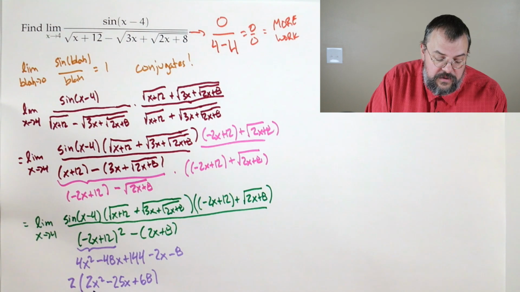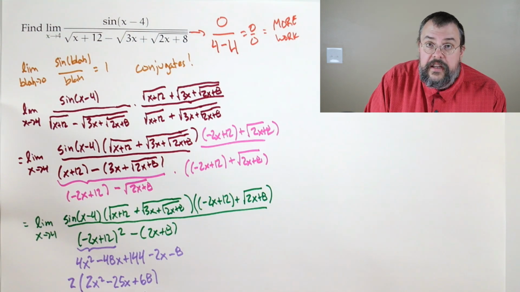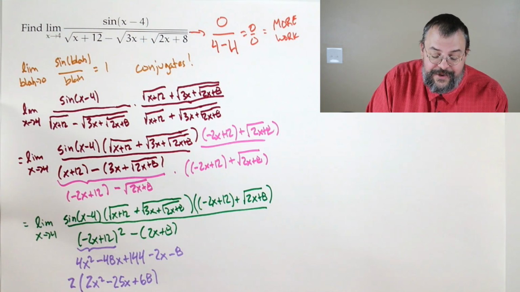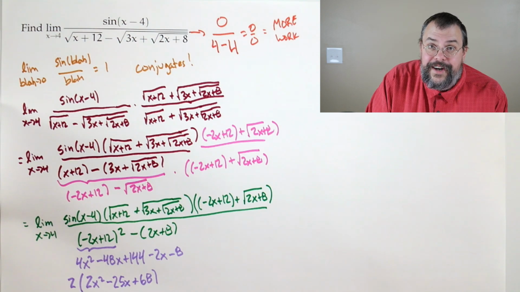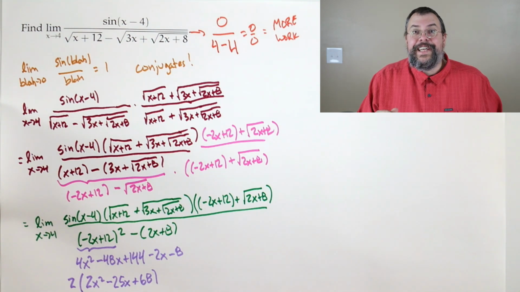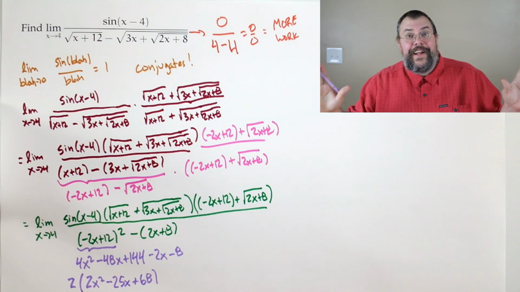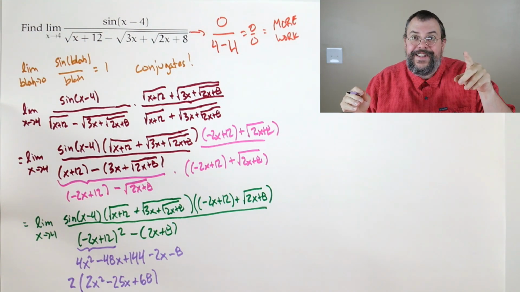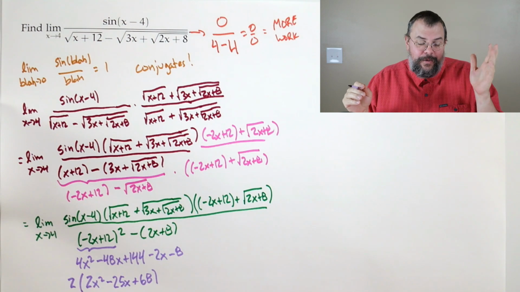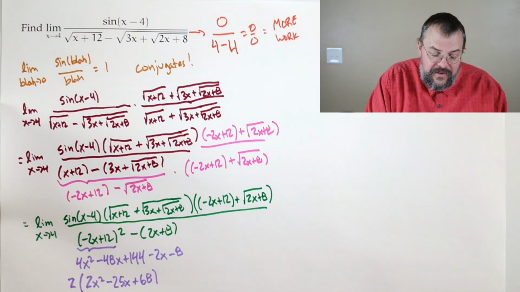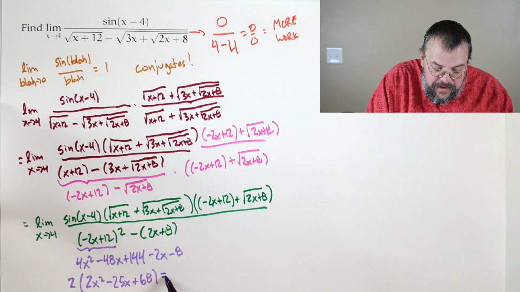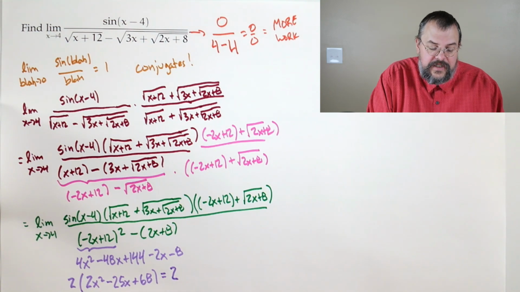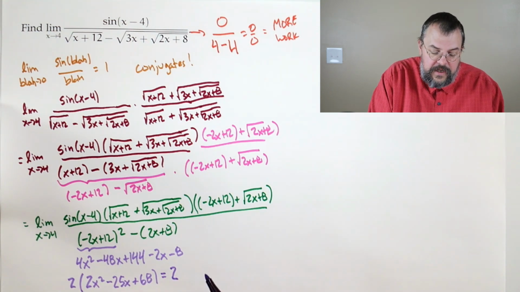Double that is 32. 32 plus 68 is 100. 25 times 4 is 100, but then there's a minus. So we get cancellation. Good. That's a sign we've done it right. Whew. Wait a second. That also tells us what we do next. You see, what do we have? This factors. So there's a 2 in the front.